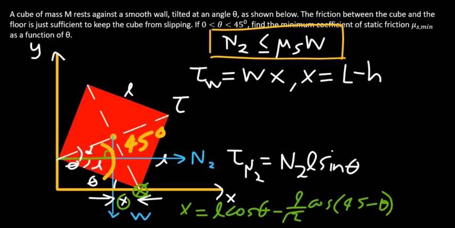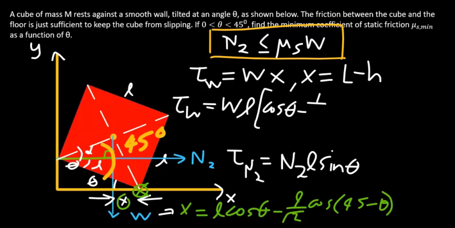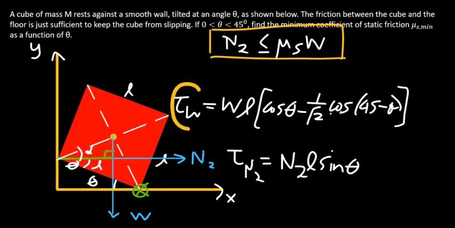So the torque due to this weight equals the weight times little x, which is that expression we have just worked out. You can take the little l outside and write everything else inside a bracket: cosine theta minus 1 over square root 2 cosine 45 minus theta.